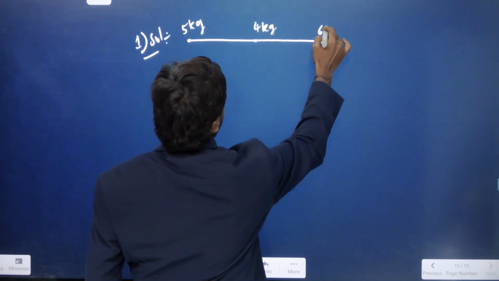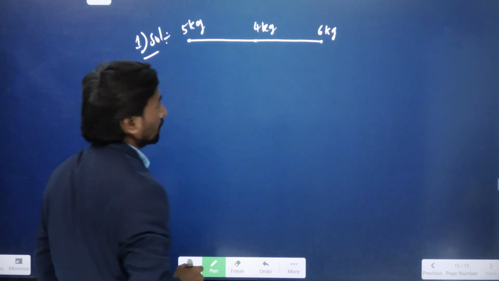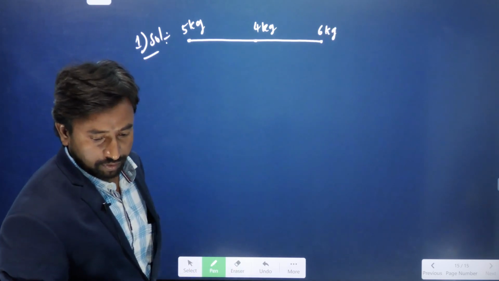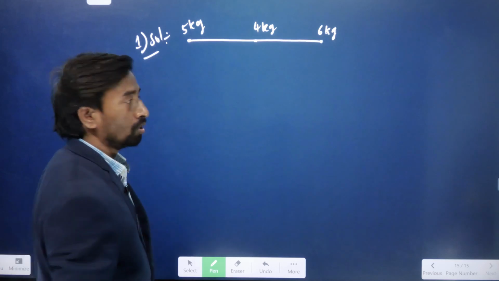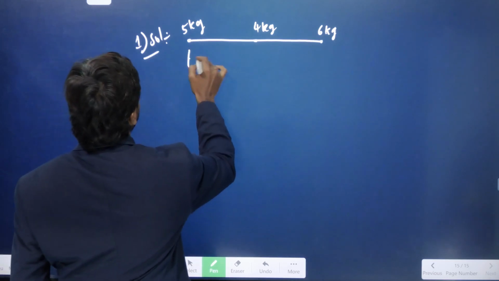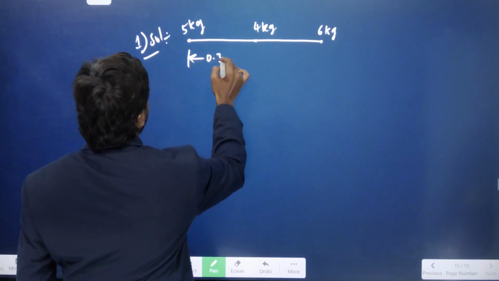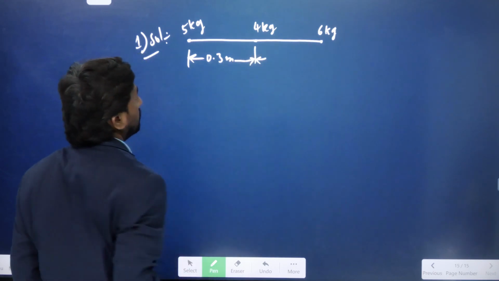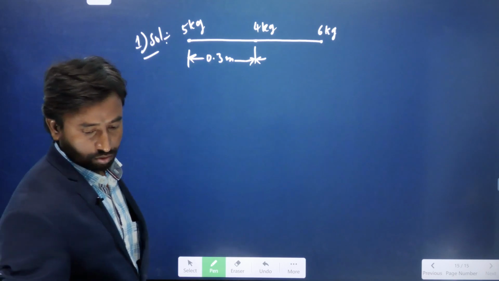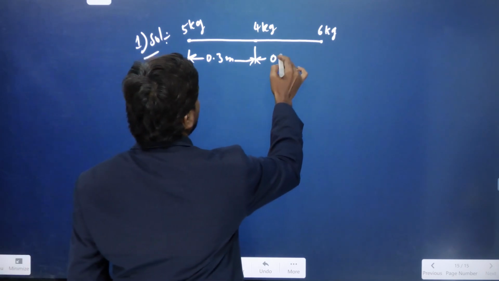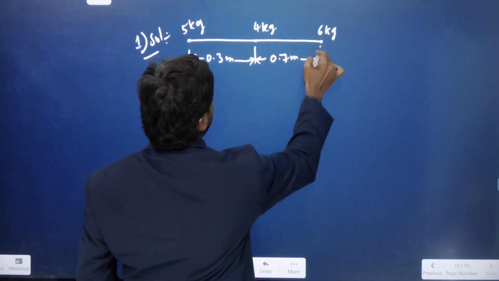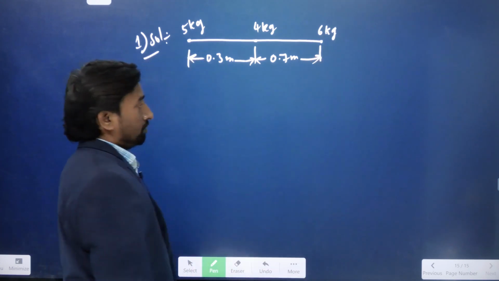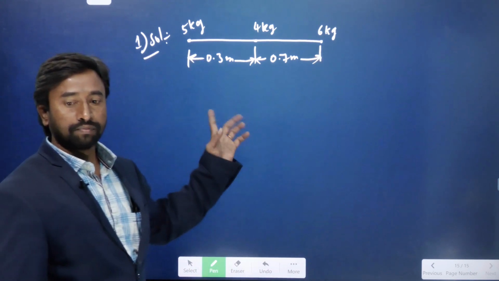At the other end a 6 kg mass of the body is there. The distance between the 5 kg and 4 kg is 0.3 meters, and from the 4 kg to 6 kg it is 0.7 meters. So now we should find out the center of mass of this system of 3 particles.